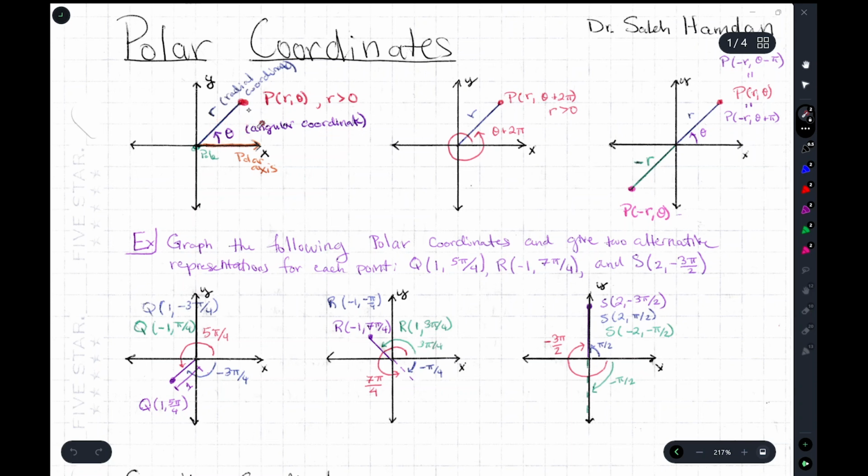theta. So this point here, (r, theta), has a distance from the pole r, and winding counterclockwise, so counterclockwise is the positive direction of winding, angle theta. Okay, and now you could wind even beyond 2 pi.